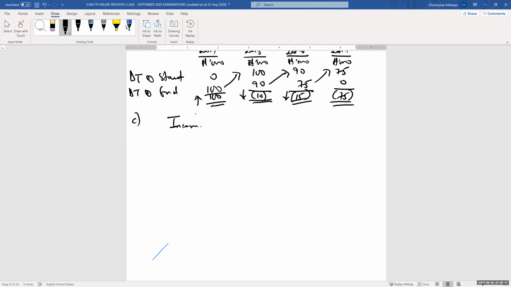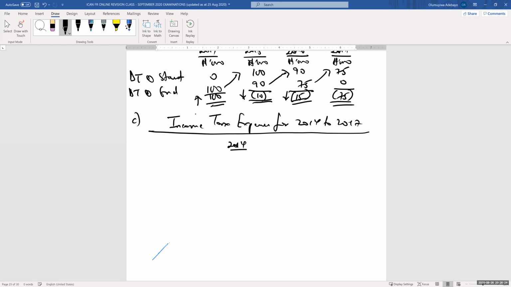Our income tax expense for 2014 to 2017 are as follows: 2014, 15, 16, and 17.